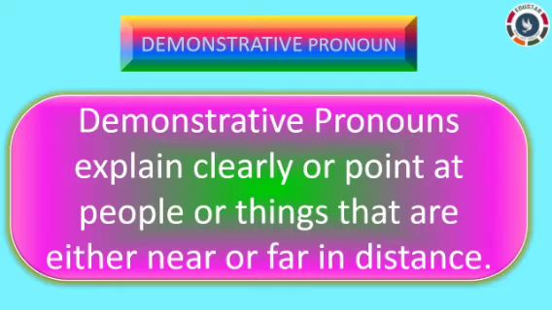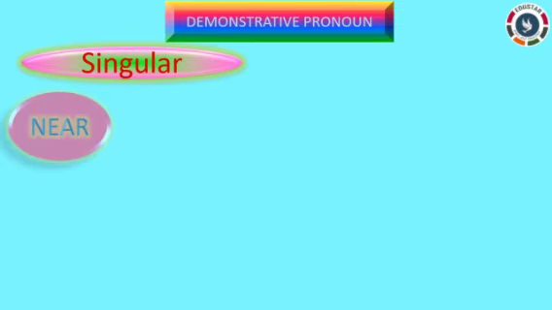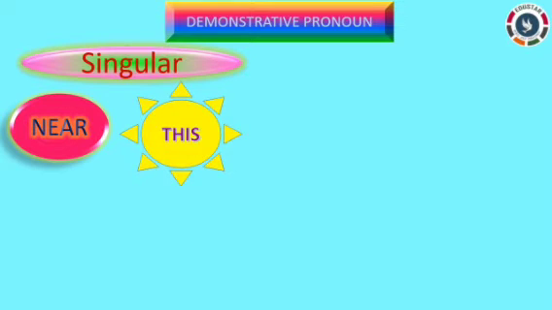Already, you might have learned in your lower classes, so it will be very easy for you. For nouns which are singular and near, we use the demonstrative pronoun this. And for nouns which are singular but far, we use the demonstrative pronoun that.